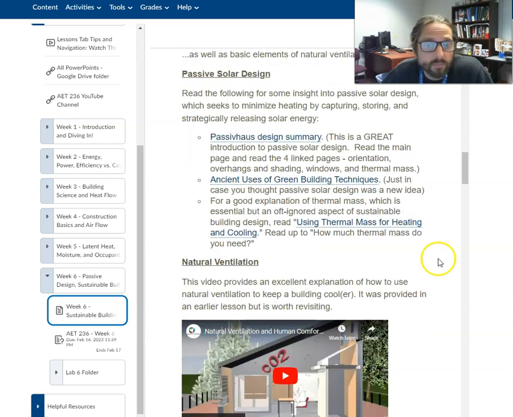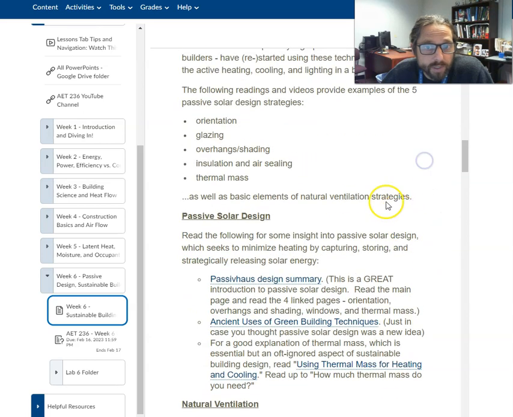For anyone working in the building sector, the most important thing you can do is reduce your energy use in buildings, because something like 75% of all greenhouse gas emissions come from fossil fuel burning. A lot of that's from transportation, but a very significant portion of that is from energy use in buildings.